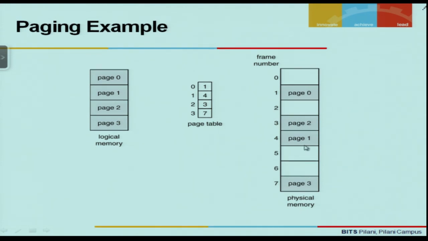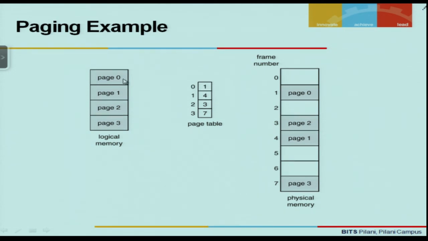They can be placed something like this: page number 0 is placed at frame number 1, page number 1 is placed at frame number 4, page number 2 is placed at frame number 3, and page number 3 is placed at frame number 7. For this logical to physical mapping, we said that we require a page table, and the page table contents can be seen like this.